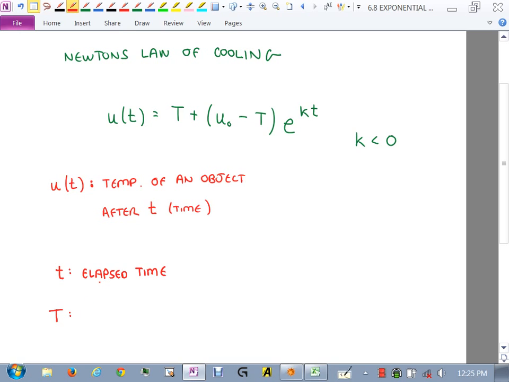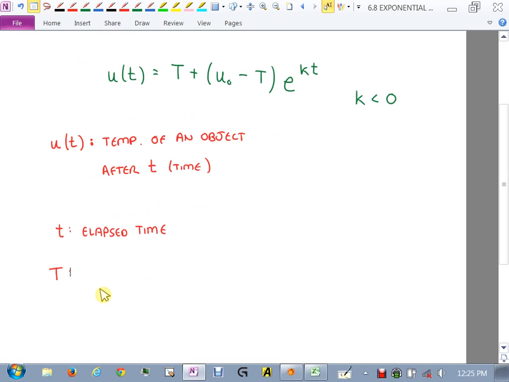Like the temperature of this room is the ambient temperature, the surrounding temperature. You take your temperature right now, it should be around 98.6, right? But the temperature of the room is like 74. So if I die in here right now, my body is going to cool down to the temperature of the room. Capital T is the temperature of the room, which they call the surrounding medium temperature.